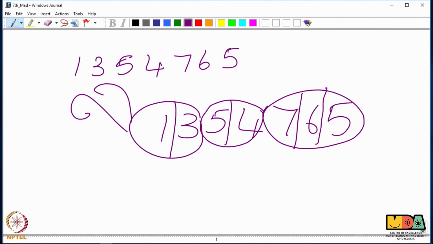All that they need to do is bring the number below as it is, and wherever they see a joint in the body, it becomes a comma. 5, 4 is brought down, and after that they see a joint in the body of the caterpillar, they put a comma and then write 7, 6 and 5.